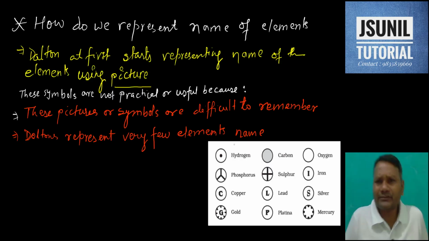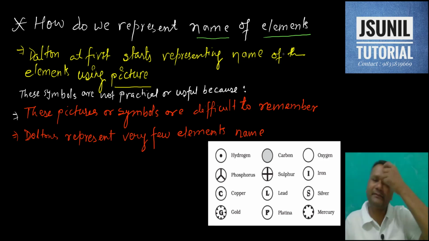We are going to discuss how the name of an element is represented using pictures or symbols. At first, Dalton started representing the names of elements by defining some pictures, like for hydrogen, carbon, oxygen, copper.